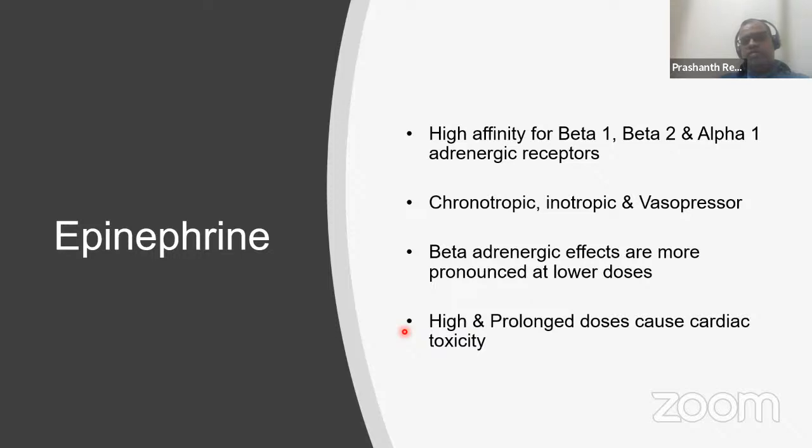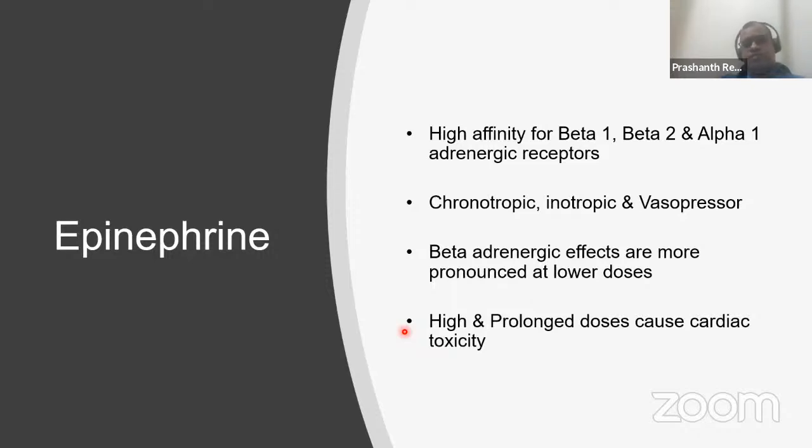When the dose is less than 0.02 micrograms per kg per minute, it has beta 1 and beta 2 action, that is, it acts as an inodilator and behaves like dobutamine at lower doses. When the dose goes to 0.02 micrograms per kg per minute or more, the alpha action also starts to come in. So it becomes a vasoconstrictor.